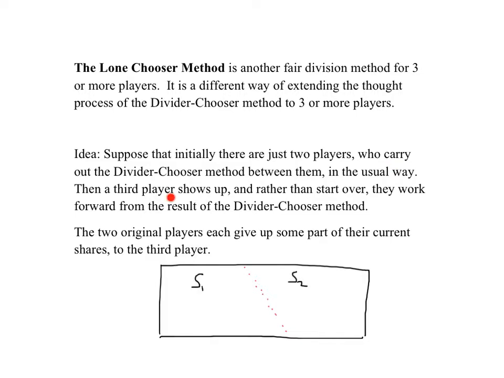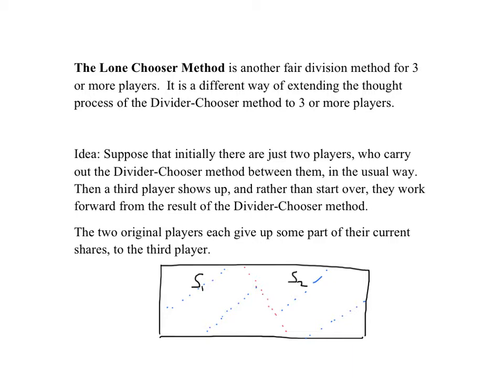Then a 3rd player shows up, and rather than start the whole process over again, they work forward from the result they already have from divider-chooser. In particular, player number 1, who got share number 1, is going to subdivide it into 3 subshares. Player number 2, who got share number 2, is also going to subdivide that into 3 subshares.